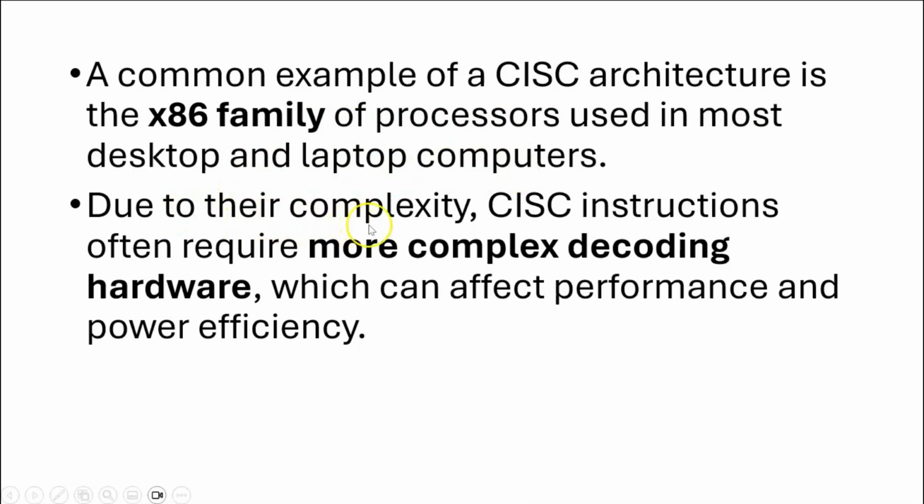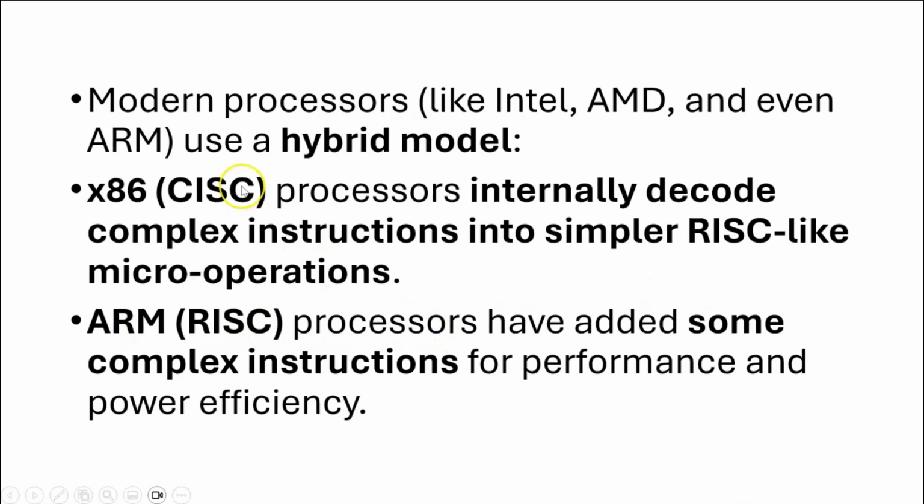Due to the complexity, CISC instructions often require more complex decoding hardware, which can affect performance and power efficiency. However, the boundary is not as strict anymore as it was originally. Processors like Intel, AMD, and even ARM use a hybrid model.